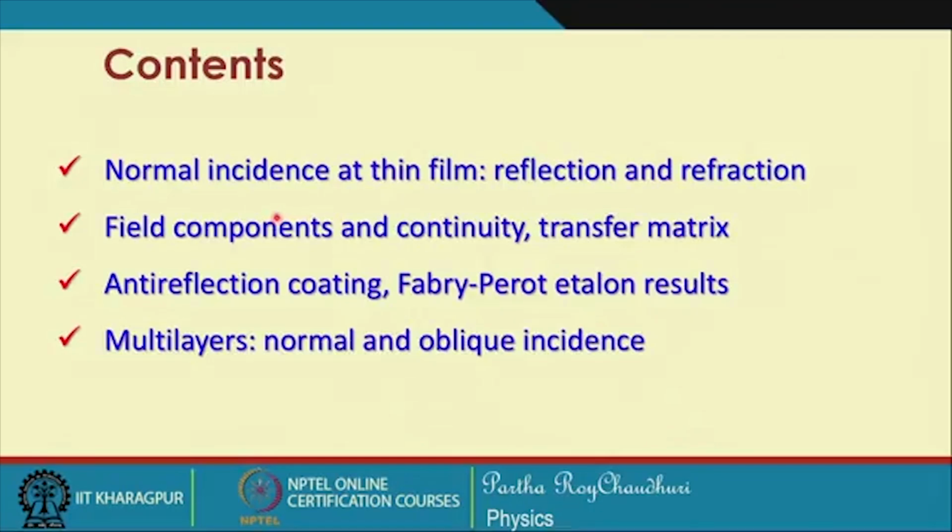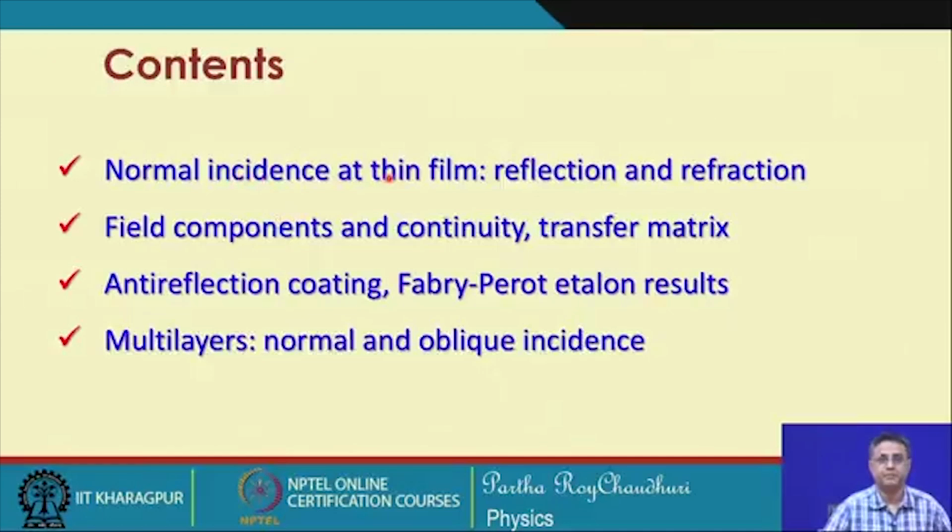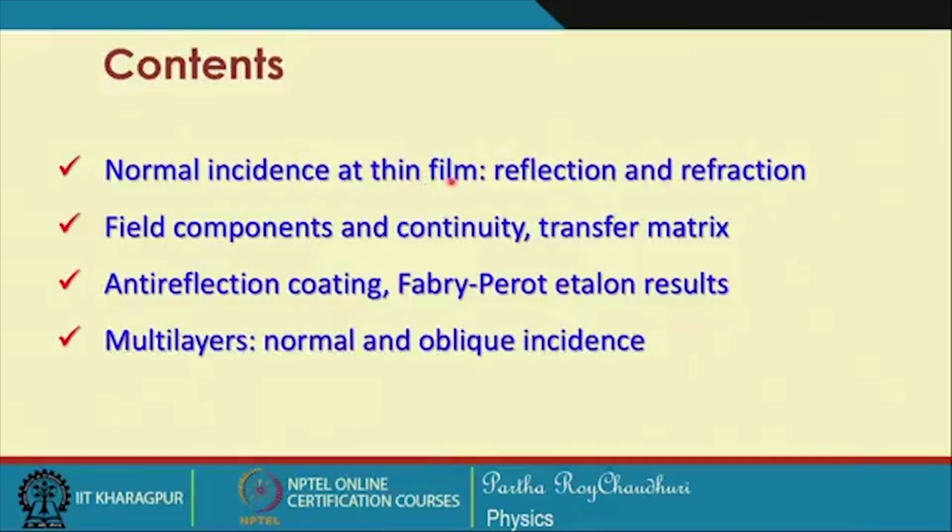So, we will organize this discussion in this way: the normal incidence at a thin film, where we will consider reflection and refraction.